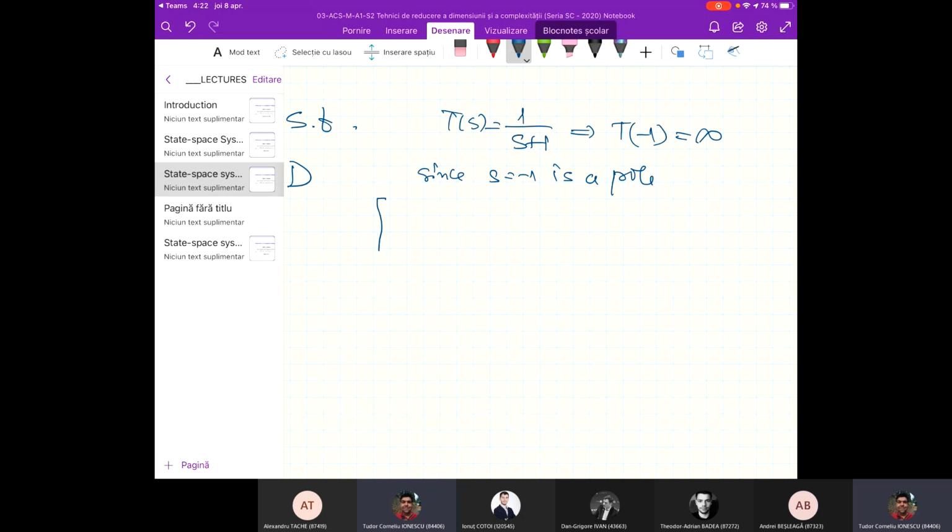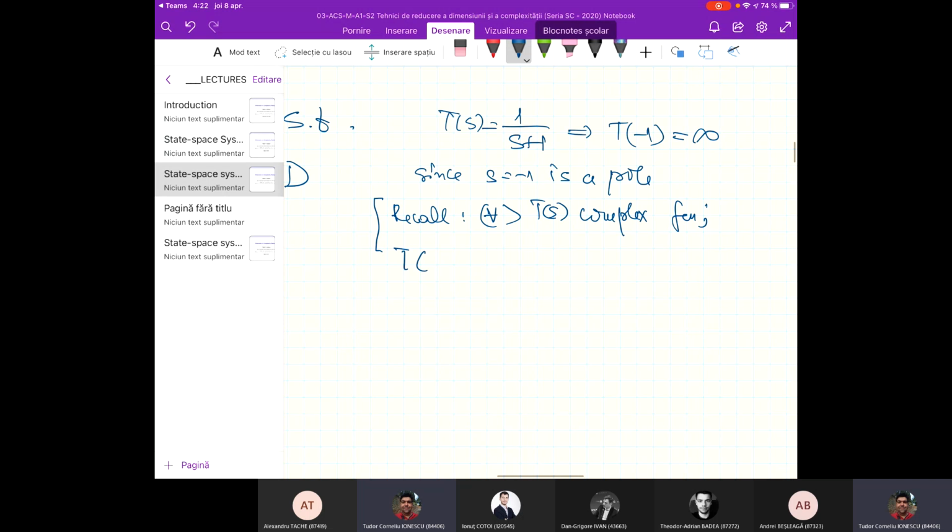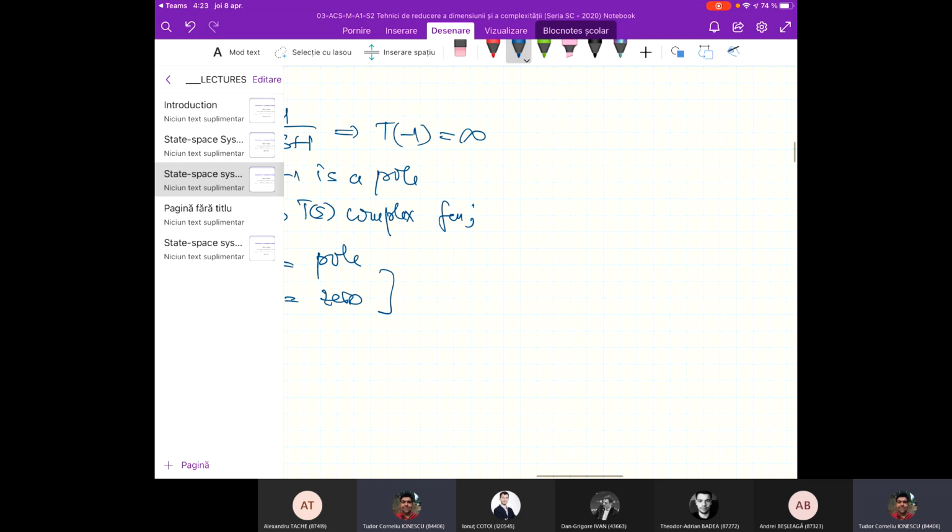So I recall, for any TS complex function, T of p equal to infinity, plus or minus infinity, equals a pole, and T of z equal to 0 is a zero. So s equal to minus 1 is a pole.